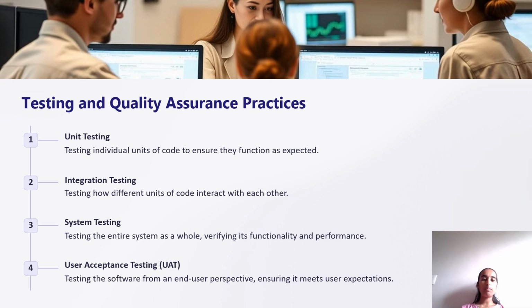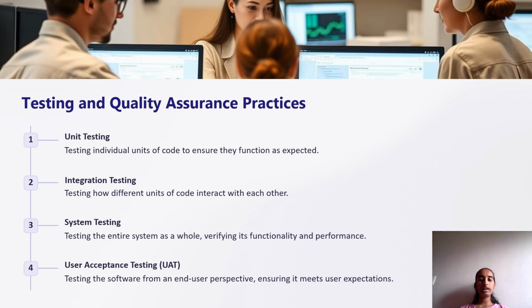Here comes the next topic, that is testing and quality assurance practices. The first comes unit testing, then integration testing, system testing, and user acceptance testing. Let's go through all of these one by one. Unit testing is testing individual units of code to ensure they function as expected.